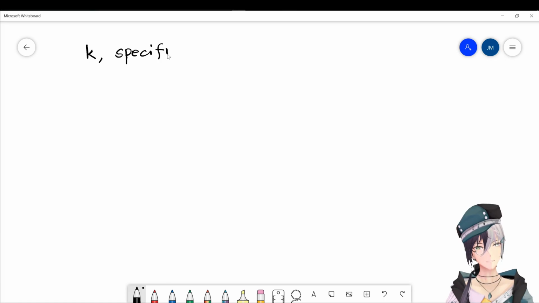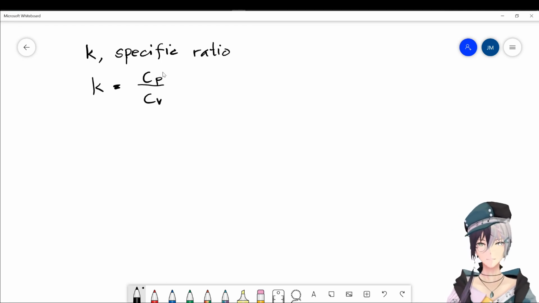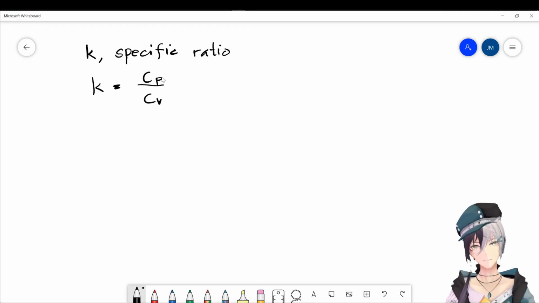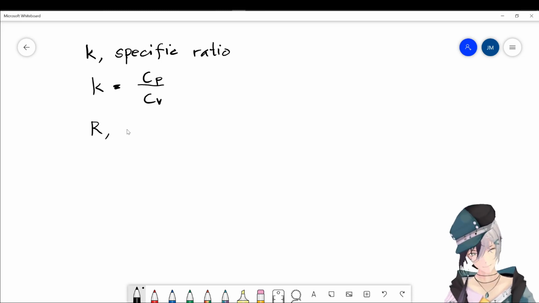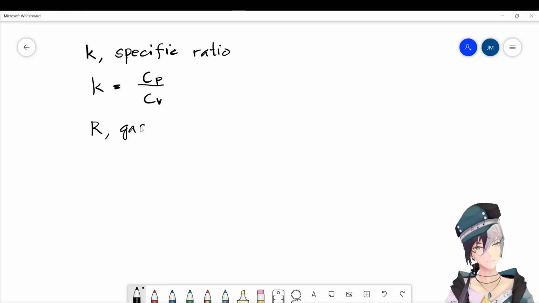K is the specific heat ratio, and K is C sub P over C sub V. So this is specific heat at constant pressure over specific heat at constant volume. And then we have R, and that is your gas constant.